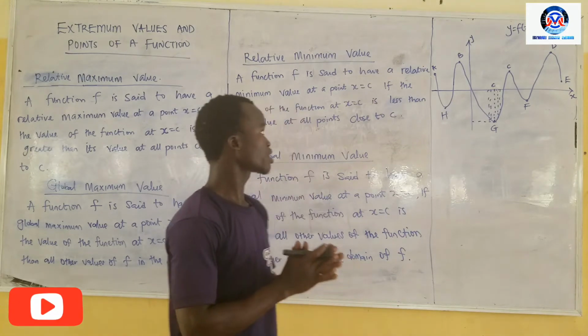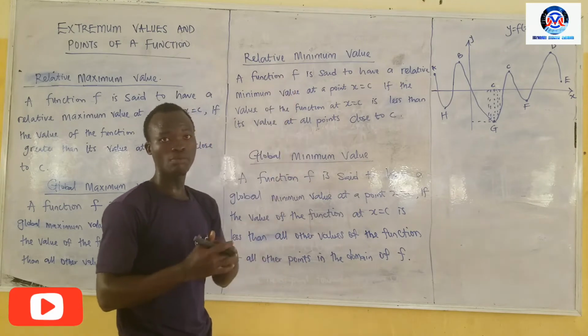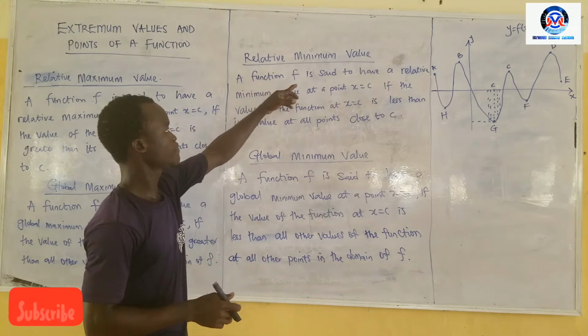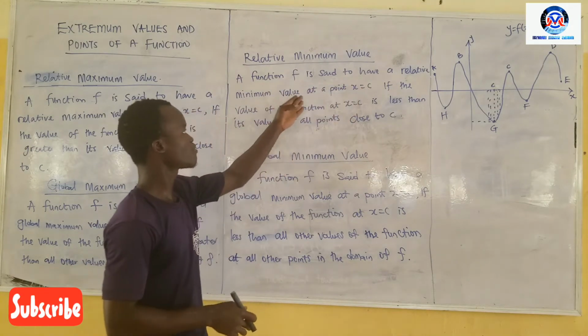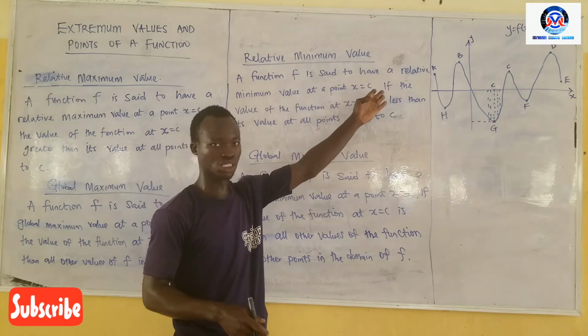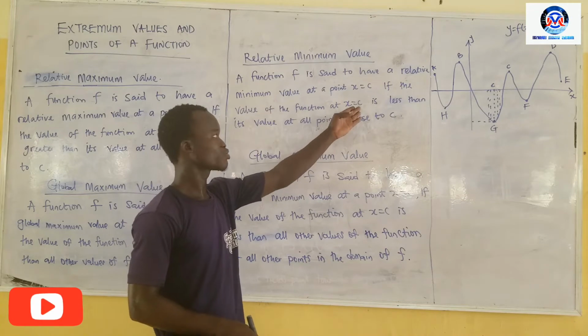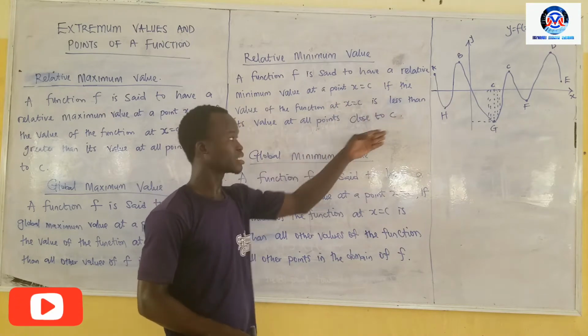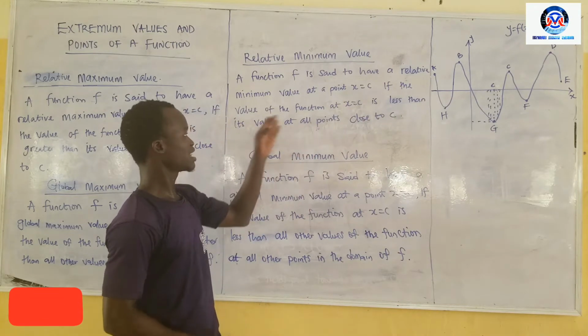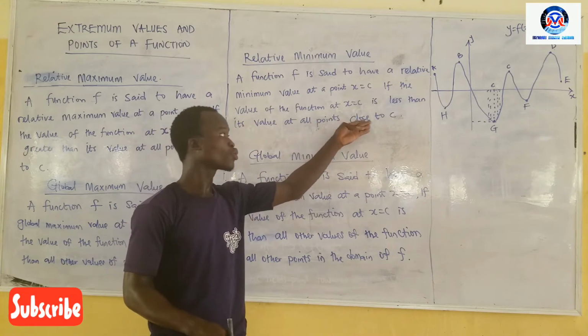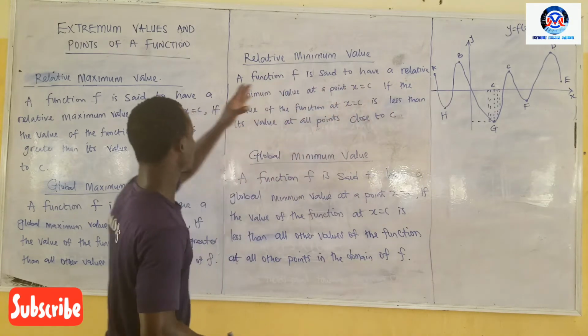So now let's talk about the relative minimum value. A function f is said to have a relative minimum value at point x equals c if the value of the function at x equals c is less than its value at all points close to c. What is the difference between these?